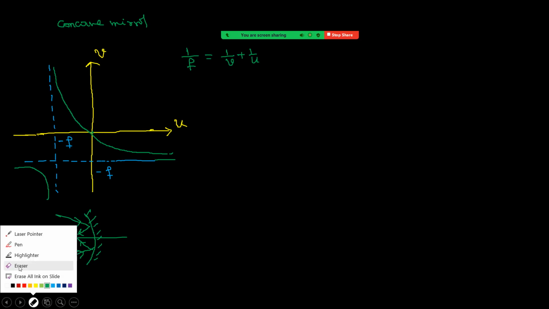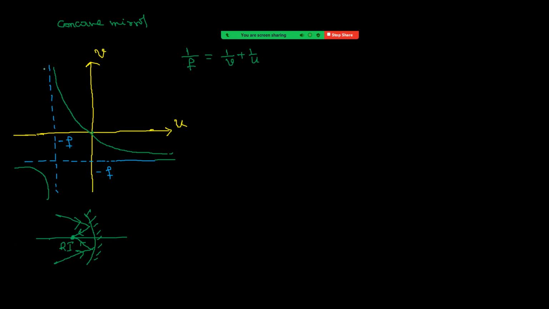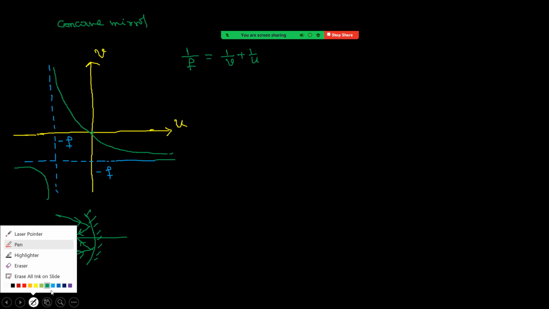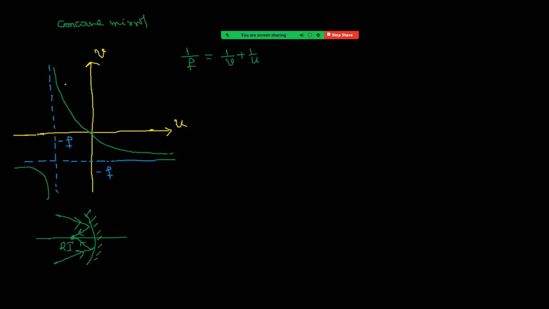So second quadrant: U negative, V positive. U negative, real object. This is real object, virtual image because V positive. And you can see when the object is very close to the focus, the image will be at infinity.